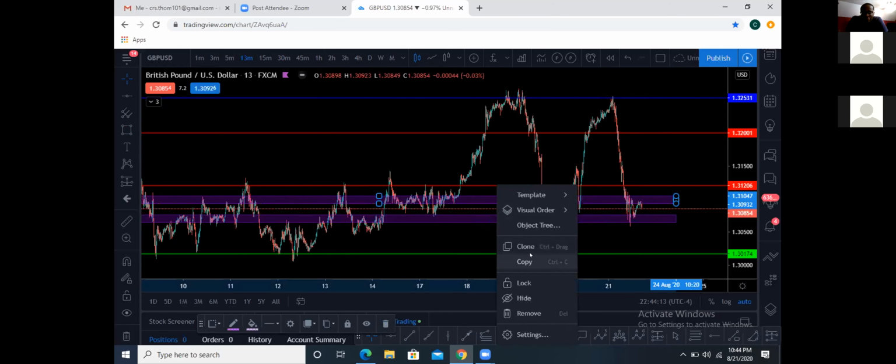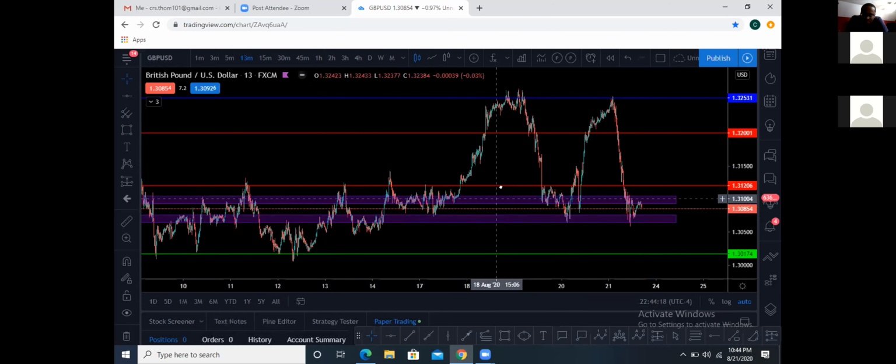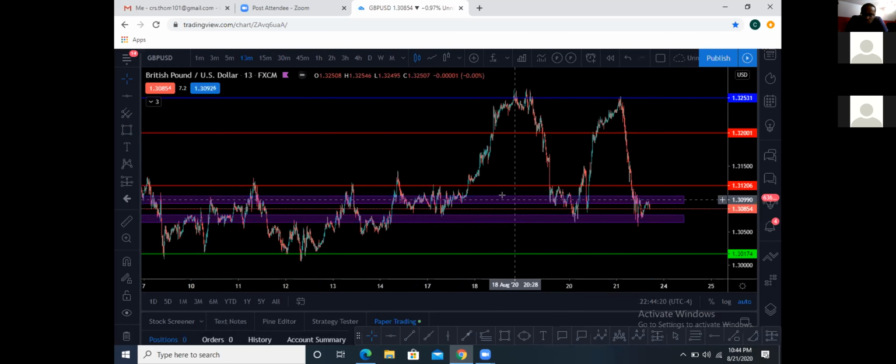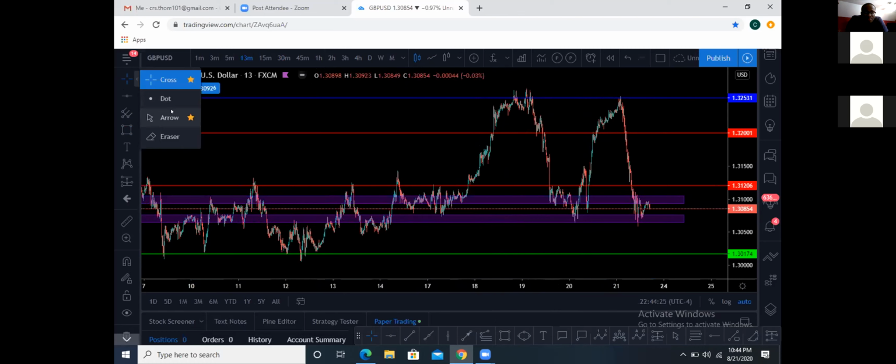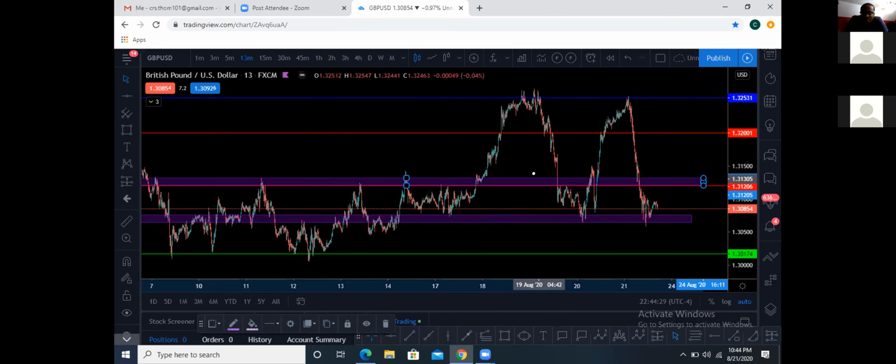Right click, and it says clone, or you press control and drag at the same time. So I'm gonna drag this. Once I get a grip, hold on, man, this thing ain't working. There we go. Drag it to find my next zone. I'm trying to look for my resistance.